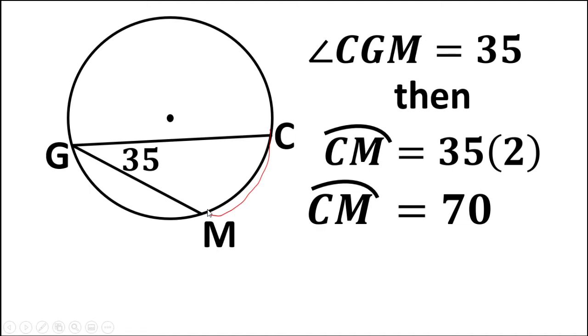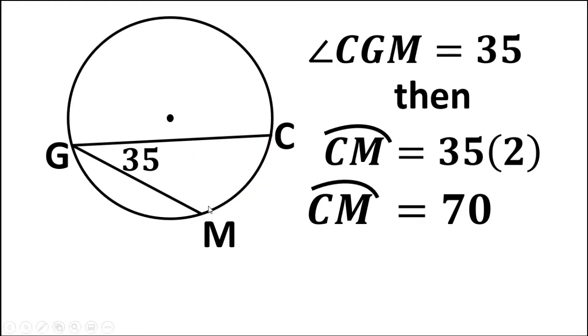So, CM is 70. Okay? So, kung 40 si CGM, ito ay 80. Kung 100 ito ay 200. Kung ito ay 25, ito ay 50. So, yun ang ibig sabihin nung pangalawa natin.